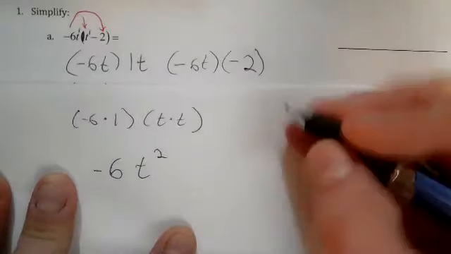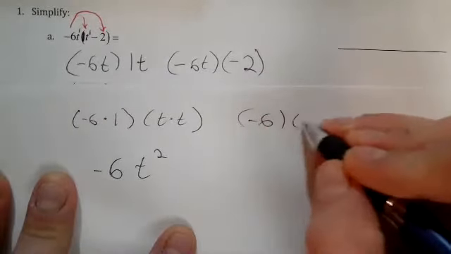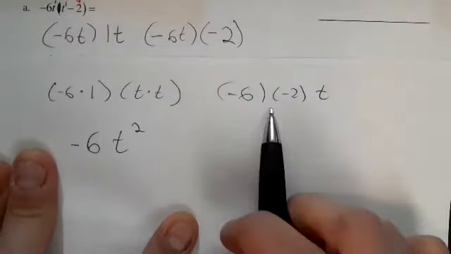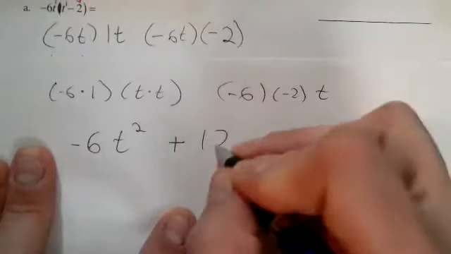We're doing a similar thing over here: a minus 6 times a minus 2, and then tacking on the t at the end. So the two negatives should give you plus 12t.